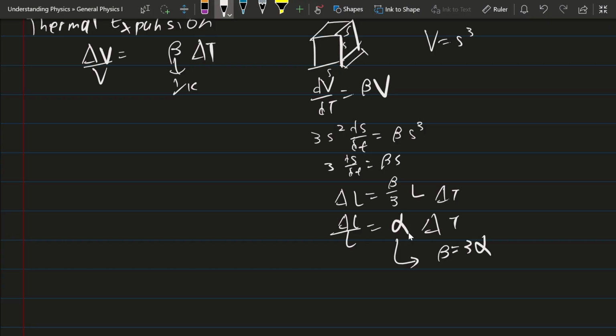And I know that this might seem a little bit not wrong, I would say, but more of an assumption, because in the physical world, nothing is truly the same. But this gives a very good approximation with the correct value for the coefficient of linear expansion related with the volume expansion.